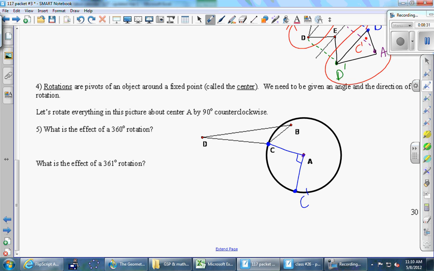And then you do exactly the same thing with B and D. Will B and D land on this circle? No, this is the circle for C only. So you're going to draw 2 more circles.